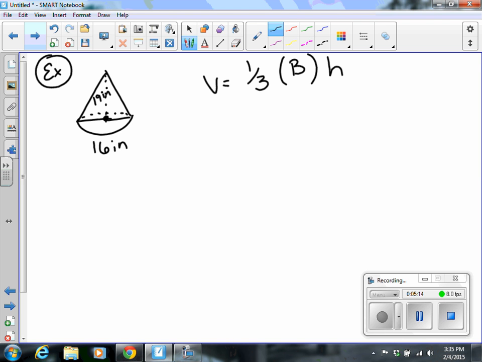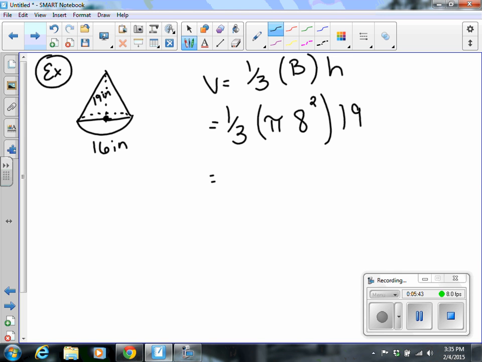Same process. Volume equals 1/3 area of the base times the height. I go ahead and plug that in. The area of a circle we know is pi r squared. Well, my radius is 8 squared, and now times my height of 19. So this is a case where I'm going to leave the fraction how it is.